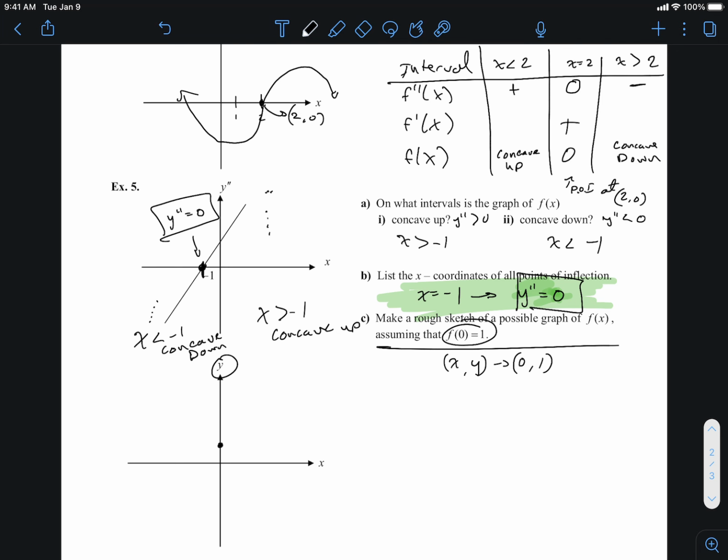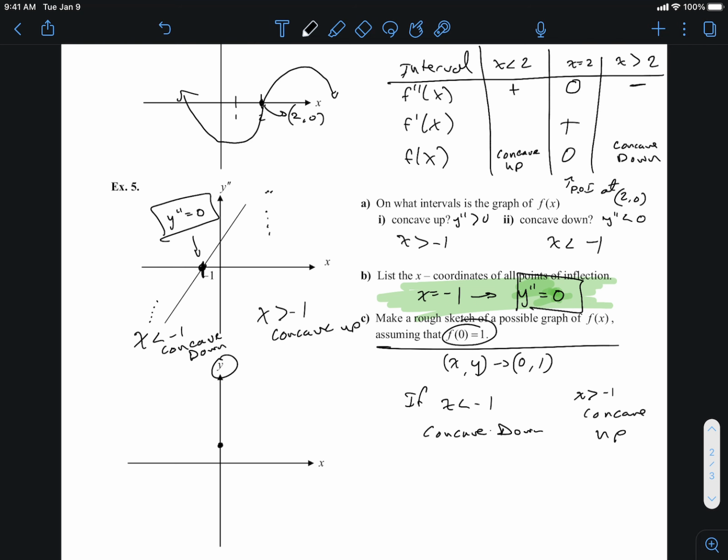And then from there, we're going to try and fill in our intervals. So we know if x is less than -1, we're concave down, and if x is greater than -1, we're going to have concave up. Those are the only two conditions that we really have here, so we just go draw those.